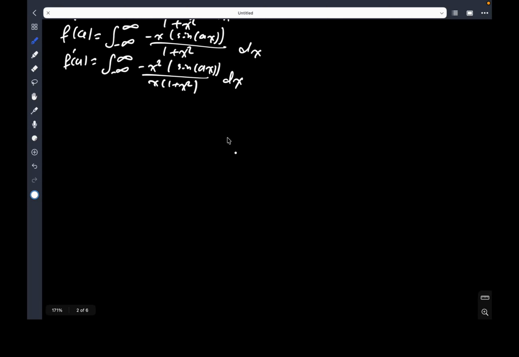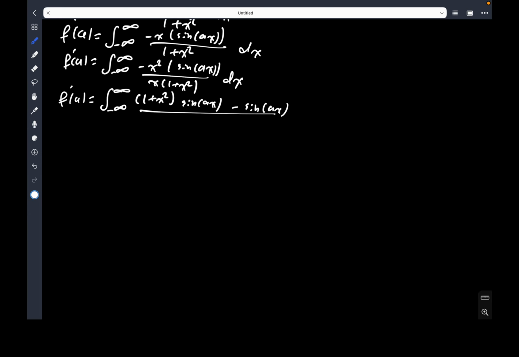So now I can also write this f prime of a as the integral from negative infinity to infinity of (1 plus x squared) sine ax minus sine ax, divided by x times (1 plus x squared), dx. Thus f prime of a, I can separate this integral.